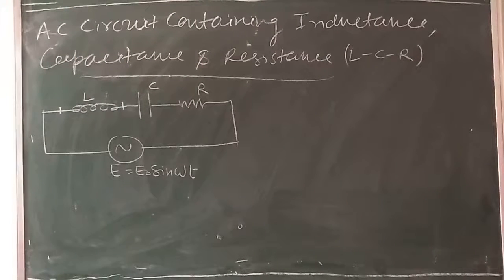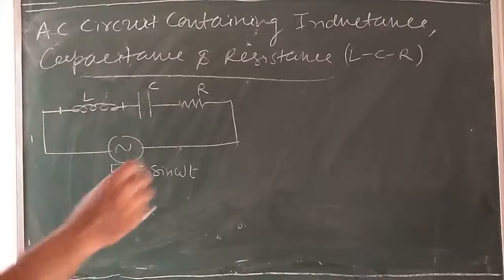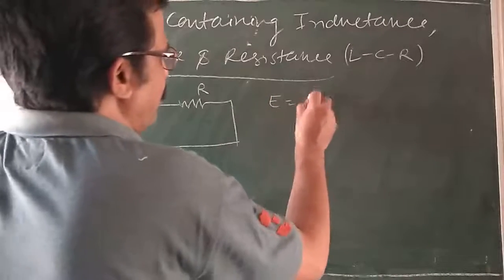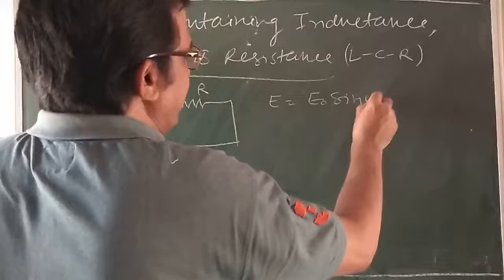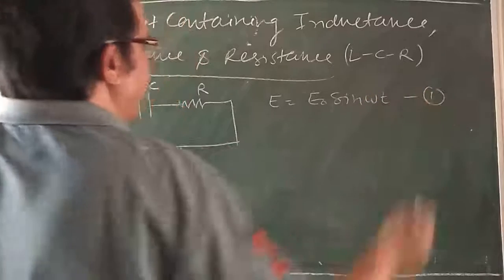Now the applied EMF which we are using here, E is equal to E naught sine omega t. This is our equation number 1.